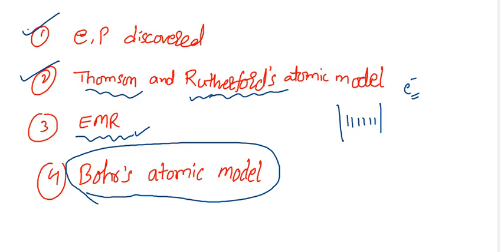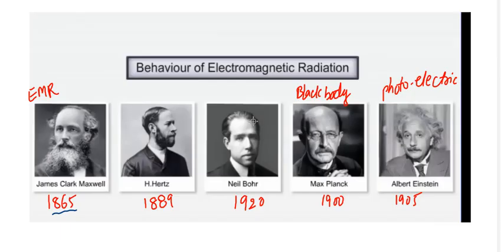This electromagnetic radiation concept was first given by James Clerk Maxwell in 1865. Here again it is given by two types. One is wave nature, the other one is particle nature. Few scientists said that it is particle nature, some said that it is wave nature.